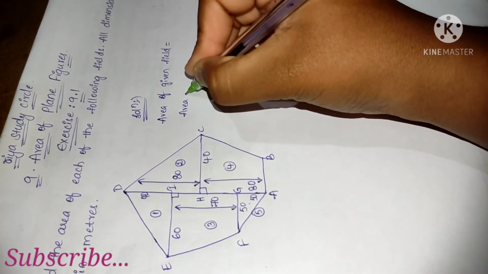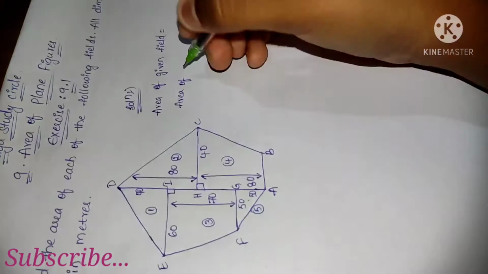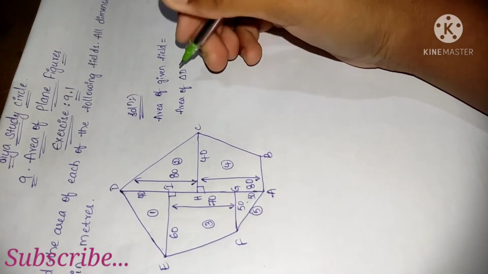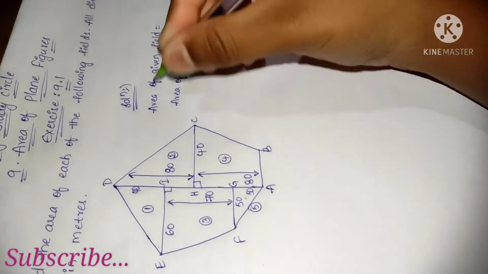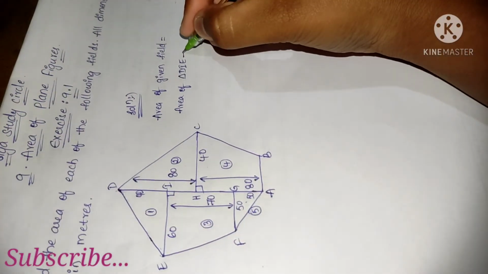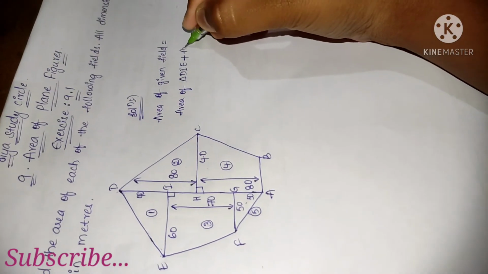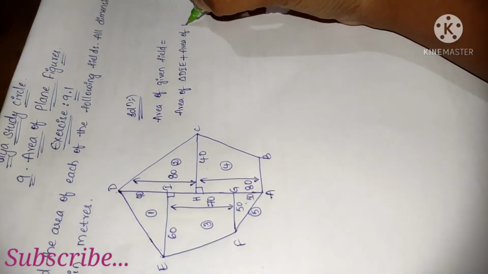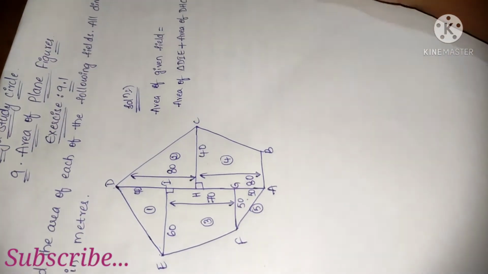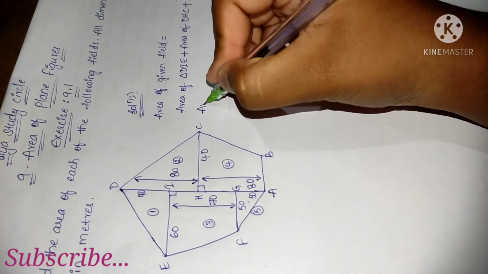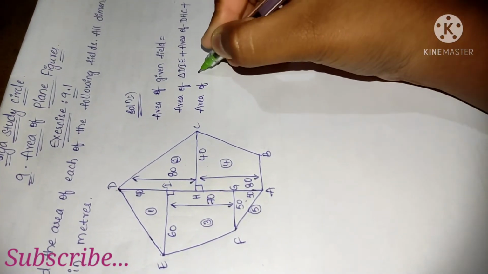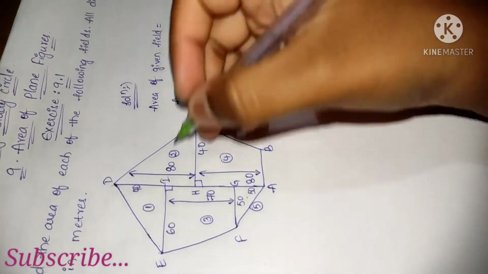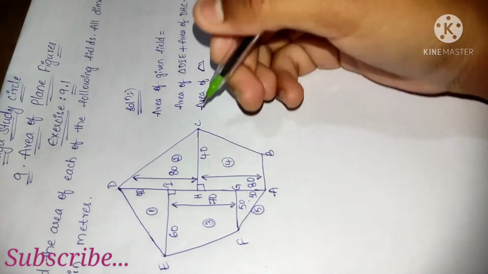Area of shape 1, that means shape 1 is a triangle, triangle DIE, plus area of shape 2. Shape 2 is also a triangle, DHC. So area of triangle DHC plus, it is a trapezium, so area of trapezium EIGF. This is the symbol for trapezium.